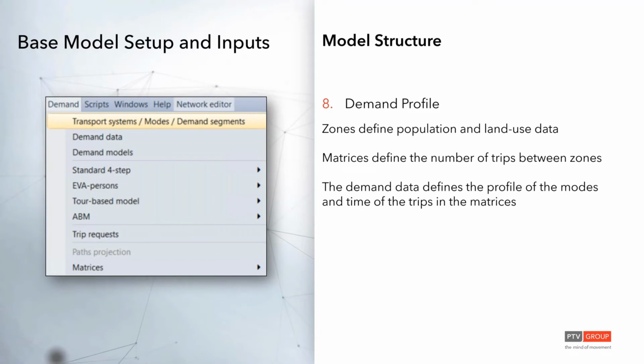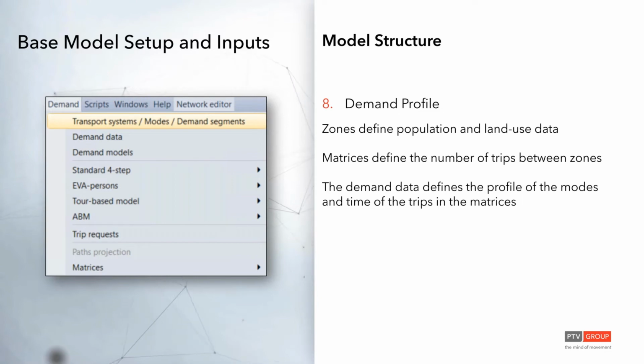So in the Visum model, we have a matrix called SOV, but Visum doesn't know to assign that to the SOV mode of transportation. So the next step is that we have to assign the trip matrices to specific modes. And we do that in the demand menu.